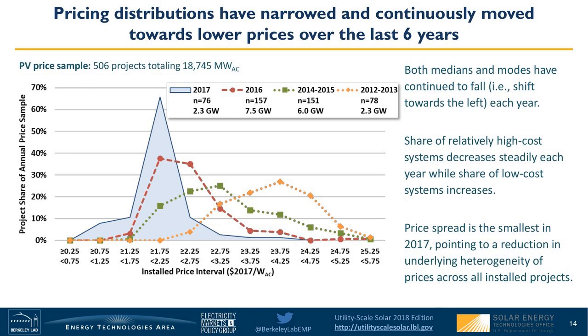And what's also interesting to see is that for the year 2017, the overall price spread is the smallest in comparison to past years, so measures like a standard deviation show this clearly, pointing to a reduction really in the underlying heterogeneity of prices across all of the installed projects and potentially more industry maturity.